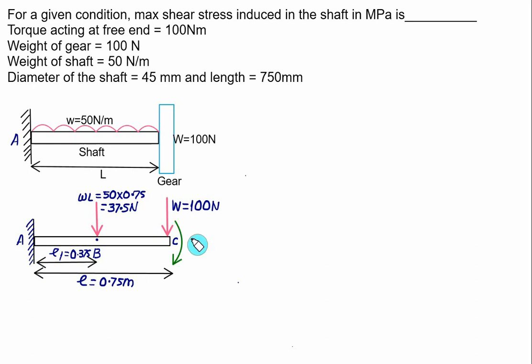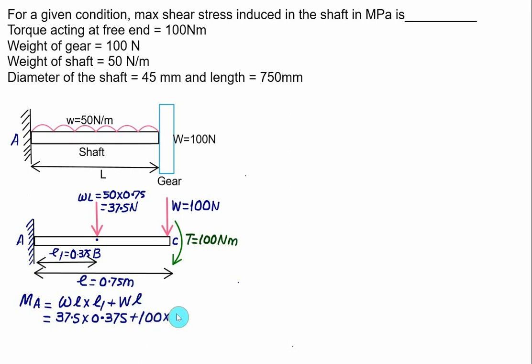Torque is acting at the free end, that is at the gear, and T is equal to 100 Newton meter. So the maximum bending moment at A will be equal to the UDL force wL multiplied by L1, plus the weight multiplied by length L. So we have the total UDL force wL, which is 37.5, multiplied by L1, equal to 0.375, plus the weight, equal to 100, multiplied by the length, equal to 0.75.